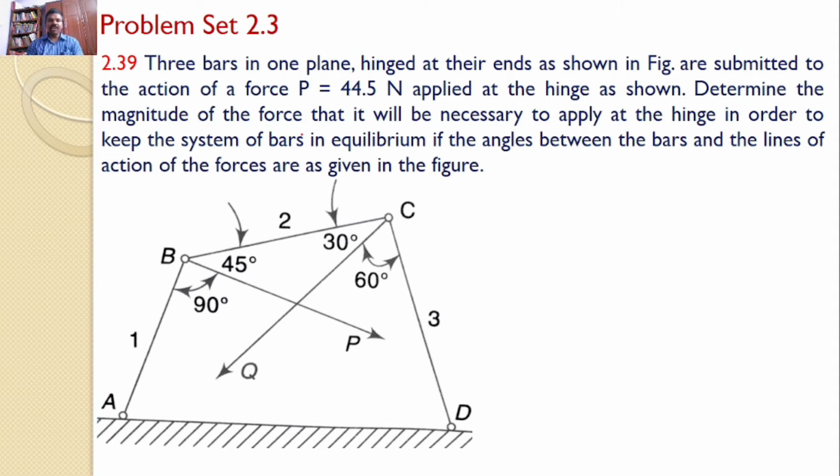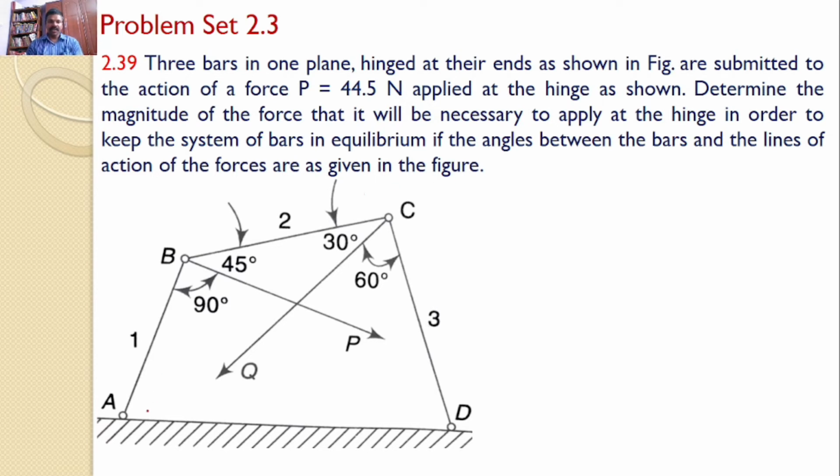Determine the magnitude of the force Q that it will be necessary to apply at the hinge in order to keep the system of bars in equilibrium if the angles between the bars and the lines of action of the forces are as given in the figure.